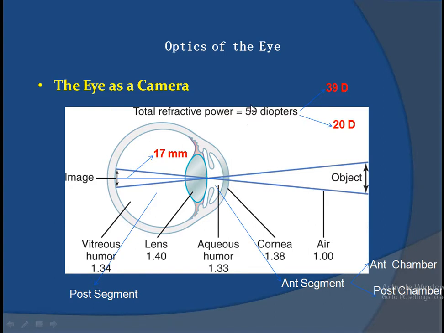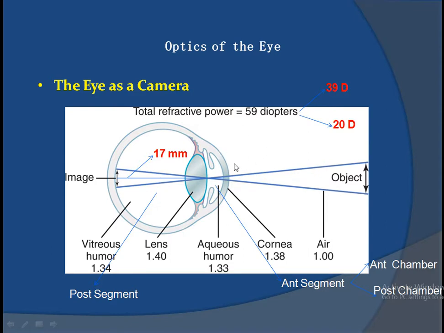So this total refractive power is further divided into 39 diopters and 20 diopters. That is offered by the anterior surface of the cornea, and from here up till the retina there is a 17 mm distance, and the final is the refraction caused by the lens.